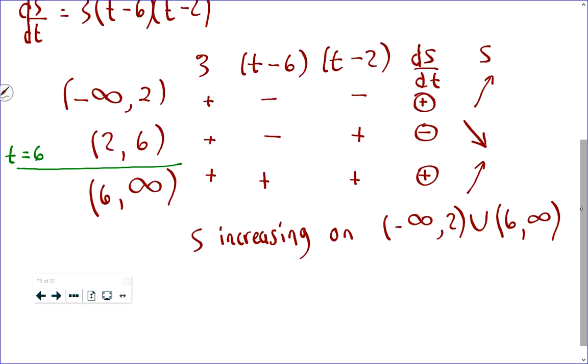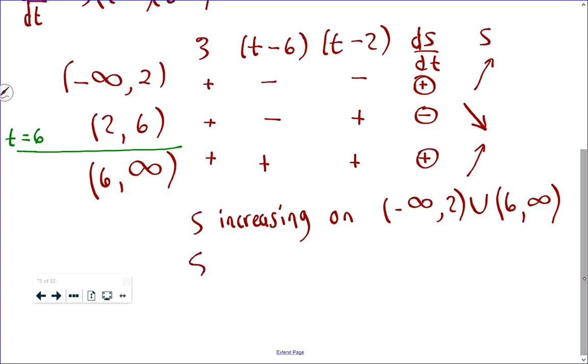I want some kind of meaningful mathematical statement. And s is decreasing on the middle interval, which is 2 to 6. And again, I probably don't need to say this, but you never know. These are not xy coordinates, right? They are x values, minimum and maximum x's.